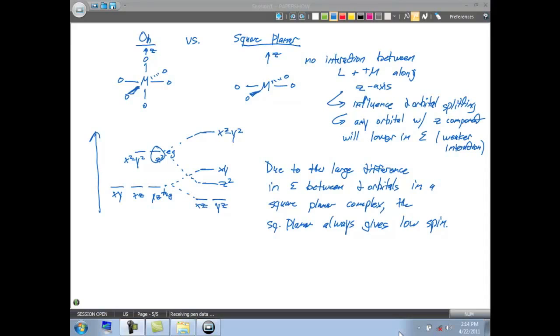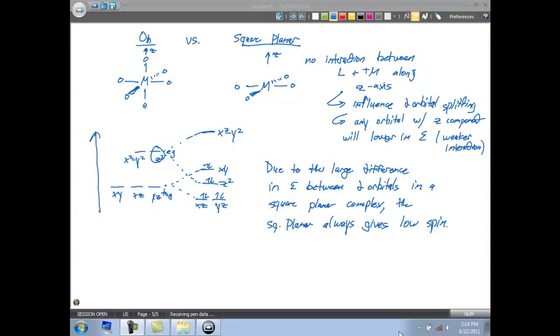And there's a specific case that we typically see for most square planar complexes, and that's that they're d8. If you look at what happens in a d8, we fill up these electrons up to this level. So typically, we don't fill the electrons all the way into this x squared minus y squared orbital because it's really, really high in energy.